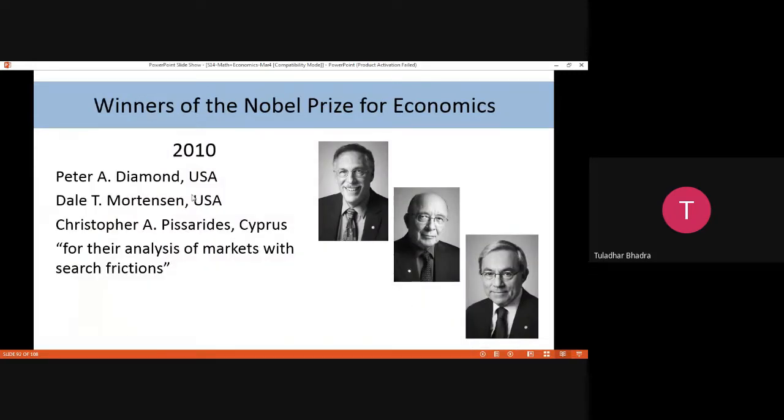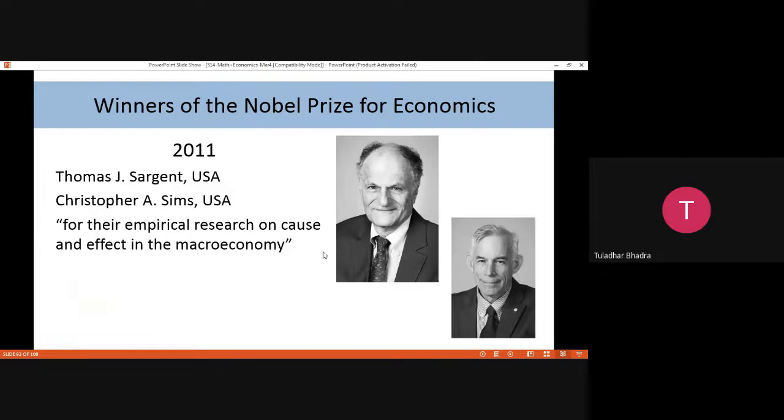Now, 2010: Peter Diamond, USA, Dale Mortensen, USA, Christopher Pissarides, Cyprus, for their analysis of market search frictions. 2011: Thomas Sargent, USA, and Christopher Sims, USA, for their empirical research on cause and effect in the macroeconomy.